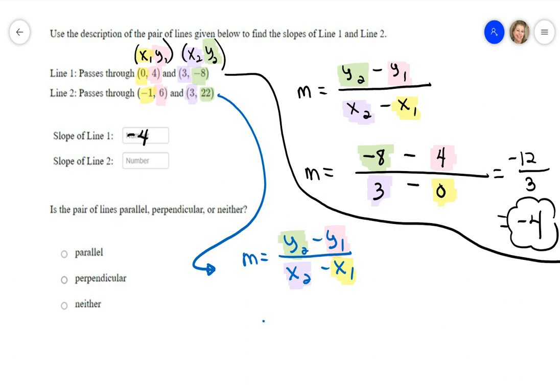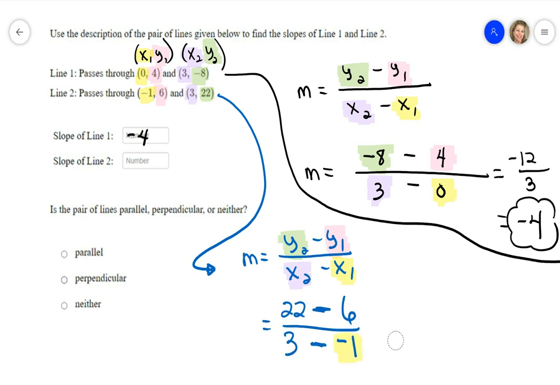All right, so for this one, I'm just going to plug all those numbers in. I'll spare you the colors this time. This is going to be 22 minus, the pink is 6, and then purple is 3, minus, and then the yellow is a negative 1. That one I will highlight.